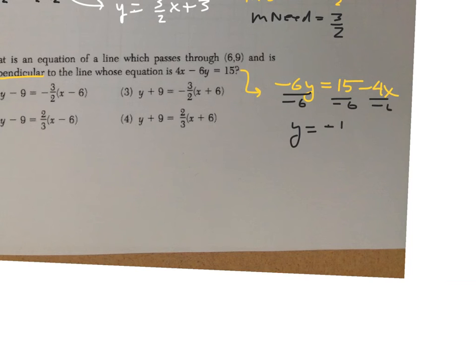Which gives you a very unusual looking y-intercept, but the slope is -4 over 6, or 2/3 x. So the slope that we've got is 2/3. The slope that we need must be -3 over 2.